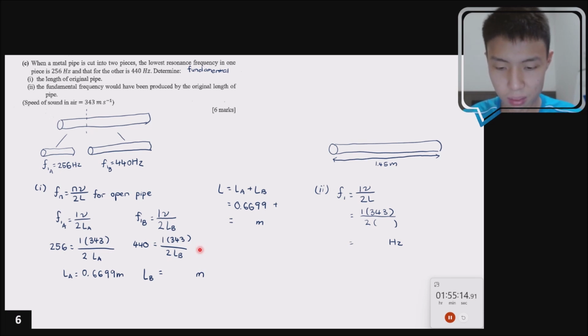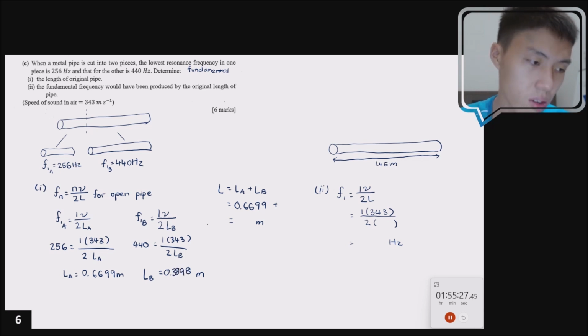So I did my recalculation, and it appears that the answer is actually 0.3898. Let me double check the other one as well. 0.6699. So add on 343 divided by 440, then divide by 2.